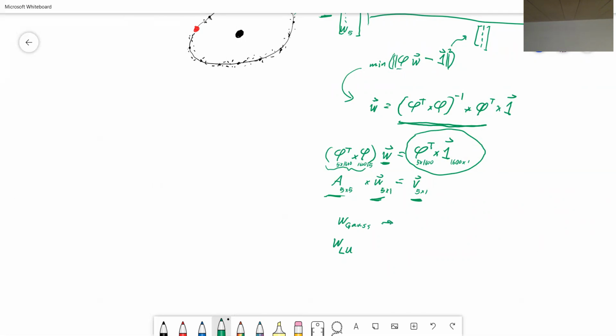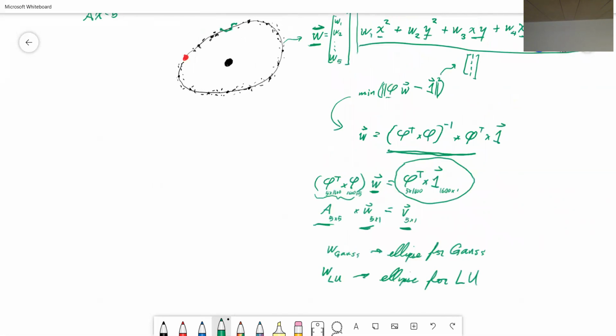This will be your ellipse for Gauss, and this will be your ellipse for LU decomposition. We want you to plot the scatter data as we show above, and plot these two ellipses on top of it.